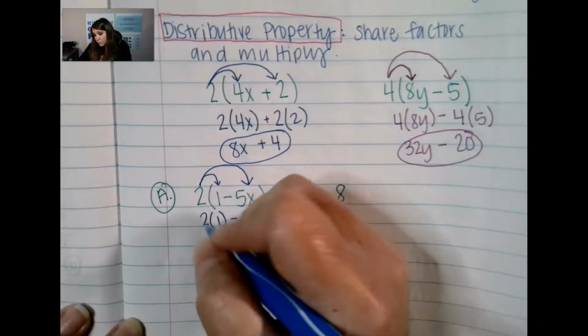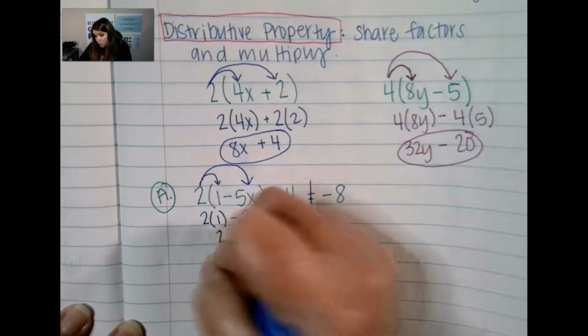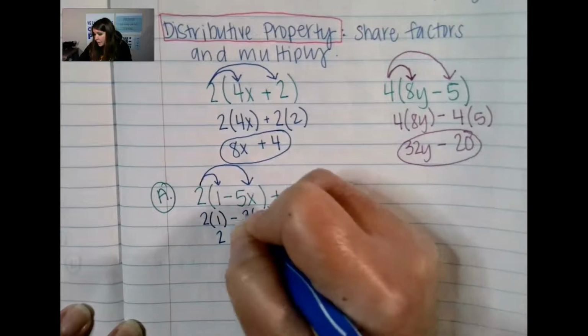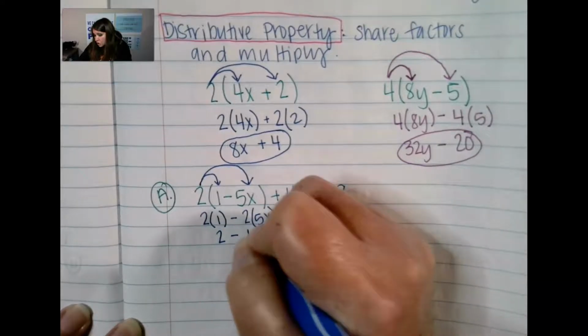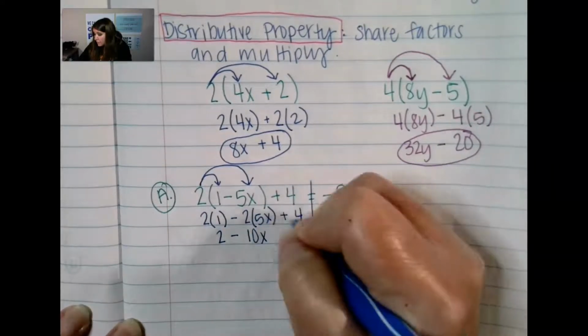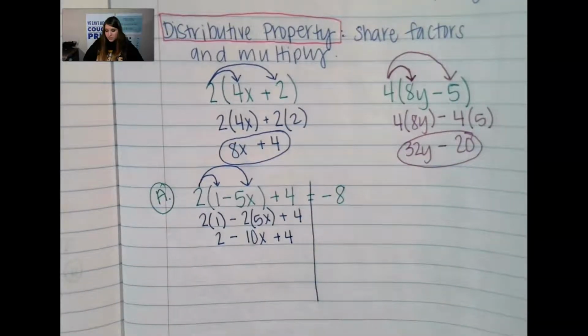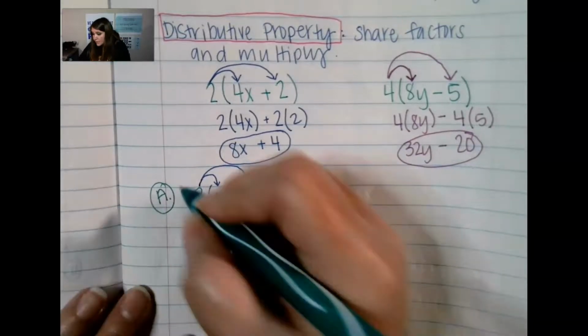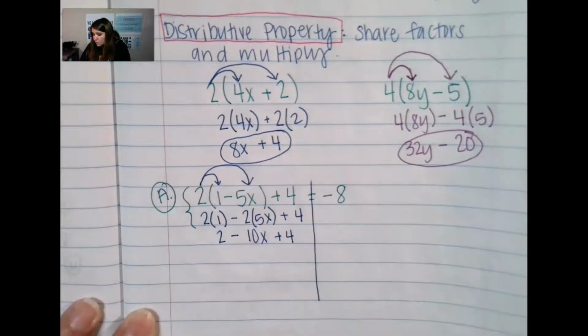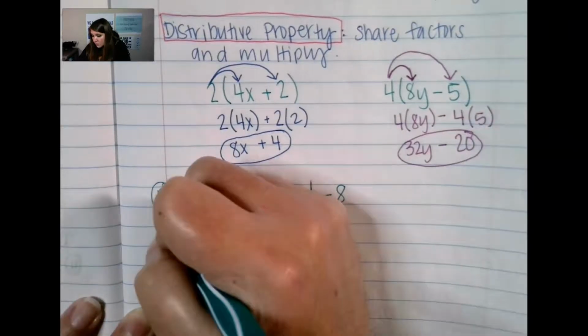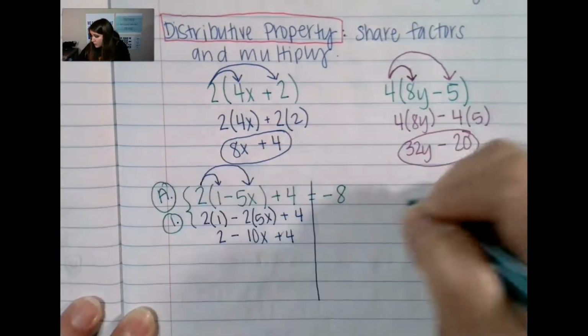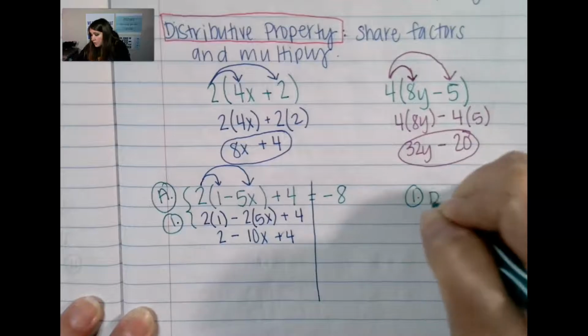I have two groups of 1, which is a 2, minus two groups of 5x, which gives me 10x, plus this 4 again. Okay, so step 1 out here to the side that I just did, all of this was the distributive property. So that is step number 1, and that is distribute.